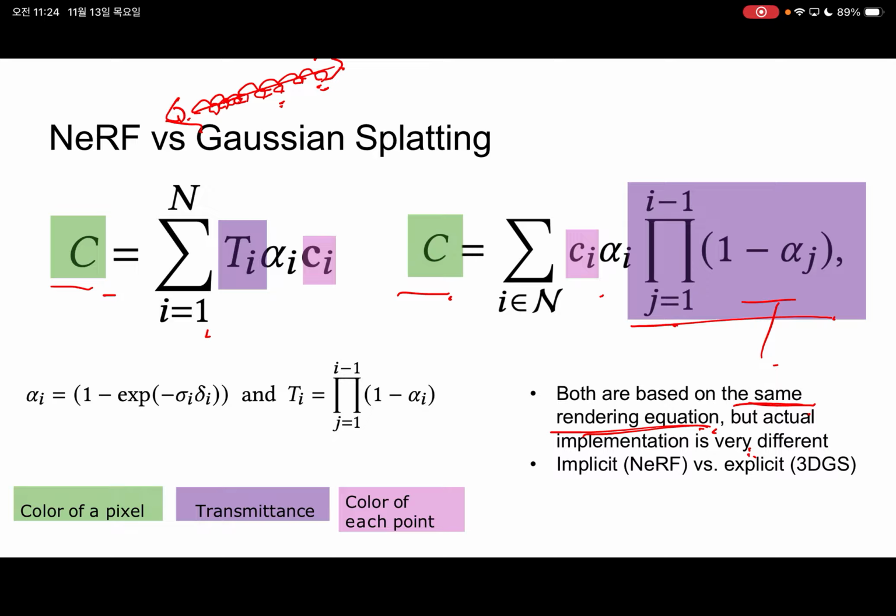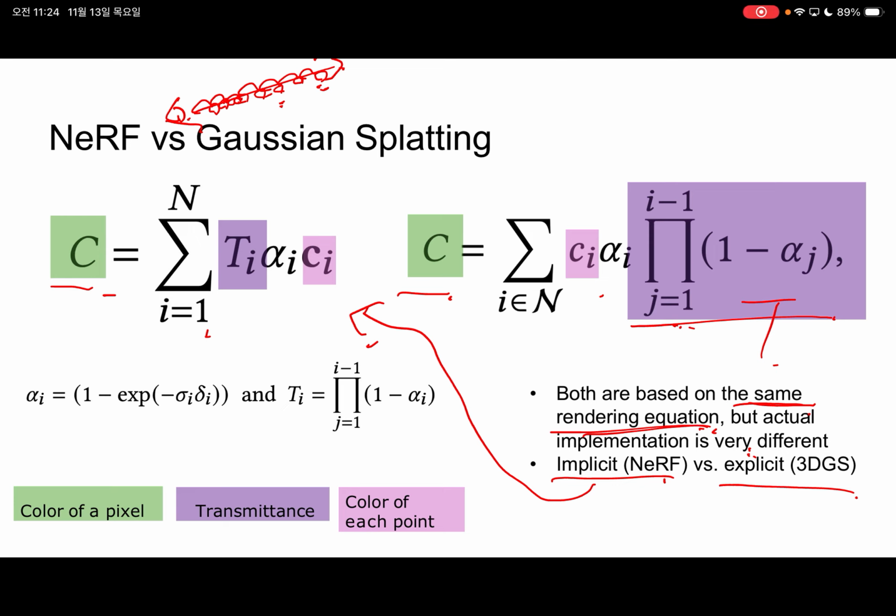That is the reason why we call NeRF an implicit function based one. All the points, we need to evaluate based on the learned function, and along the ray, all points need to be evaluated. But with the explicit one, we already have 3D Gaussians. We do not have to take care of space without Gaussians.